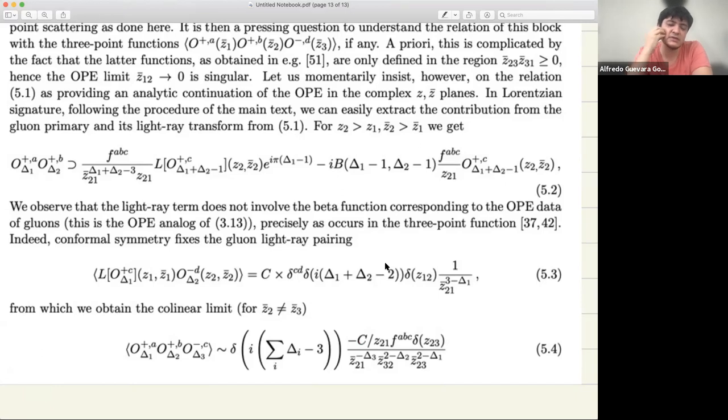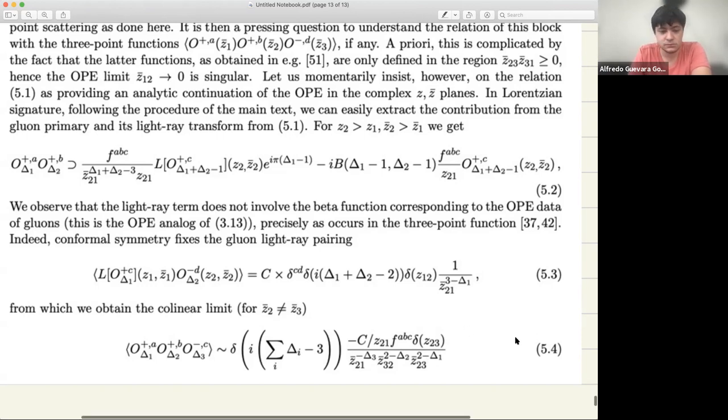But it's still what you get if you take the 3-point function and you actually take the OPE limit, which actually requires an analytic continuation, because the kinematics is different. But if you take the OPE limit of 1 and 2, you can see that just by looking at the weights, there is a light ray operator being exchanged. So there is no primary, but rather a light ray operator.